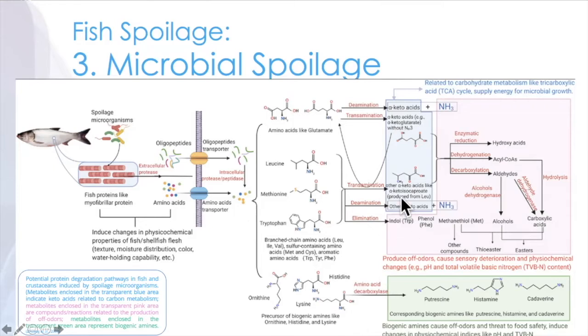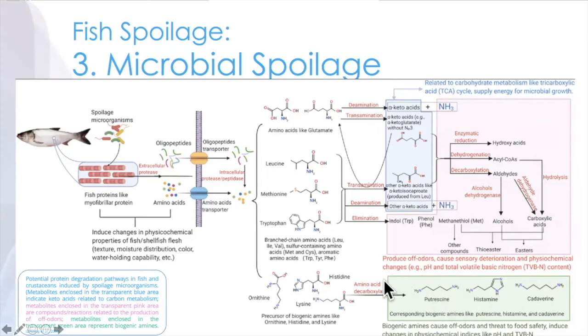And this will lead to the formation of keto acids, and the other compounds that are related to the production of odor and flavor. So ito naman yung nag-show ng mga compounds related to the production of odors, and this one shows the formation of the biogenic amines.